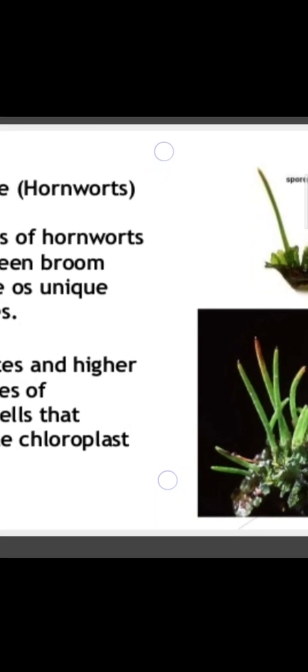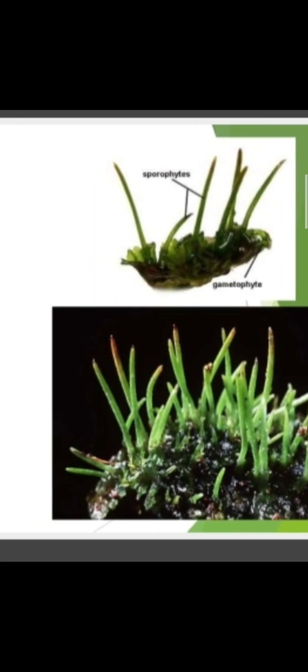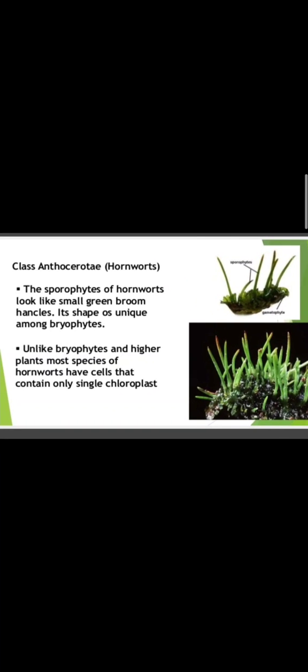I will show it in the diagram also. These diagrams show the sporophyte and gametophyte, and the second diagram can be resembled with horns. It will be easy to identify.